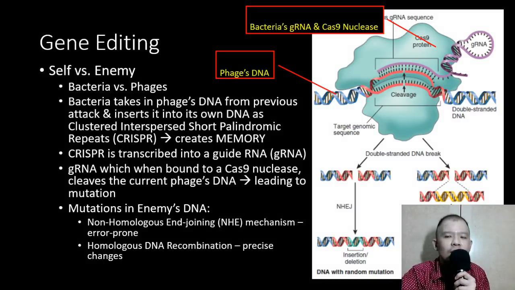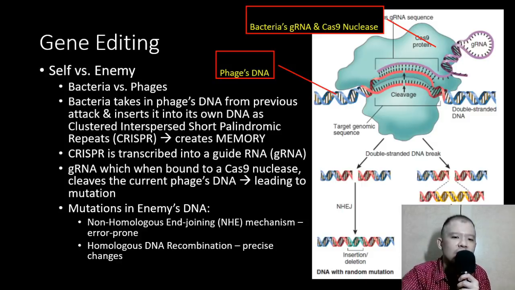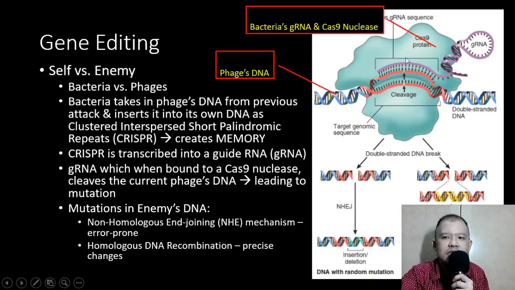So class, you might wonder how this concept in gene editing among bacteria becomes applicable in humans. So imagine this is the RNA of a certain cell without disease. This is a protein where it binds to.